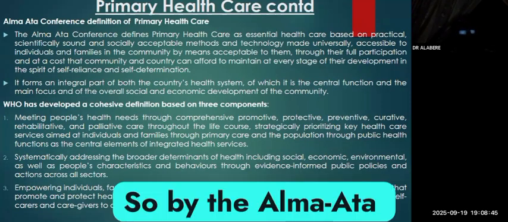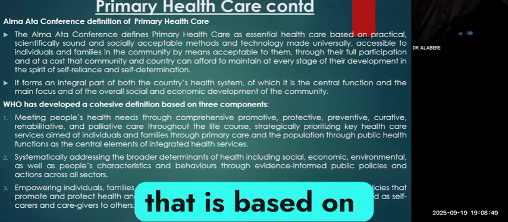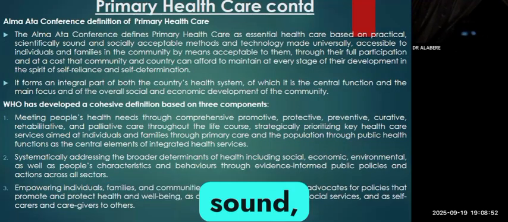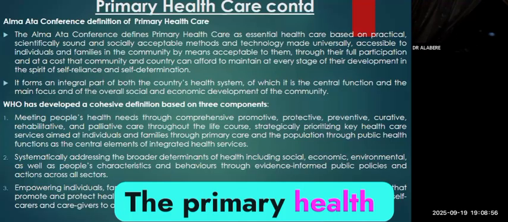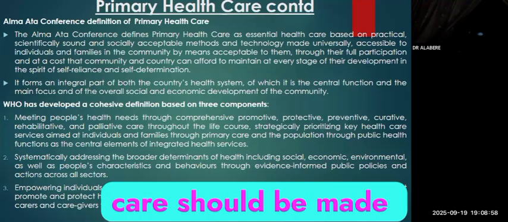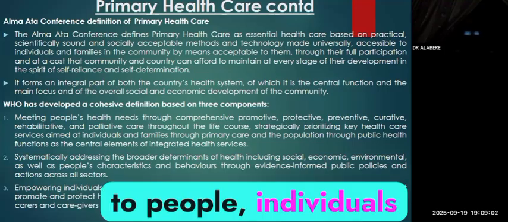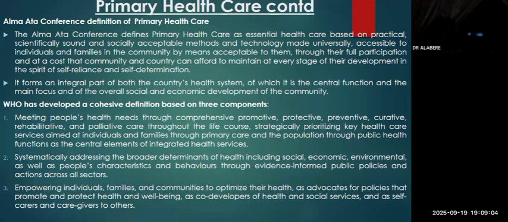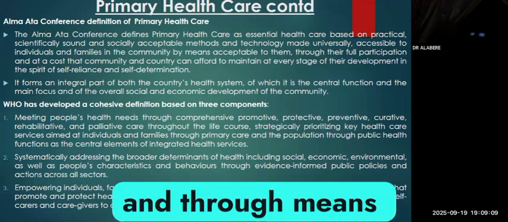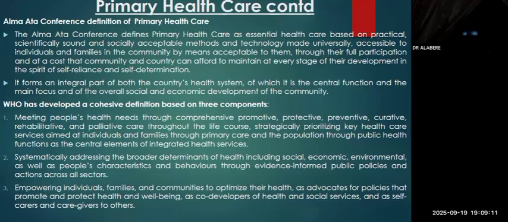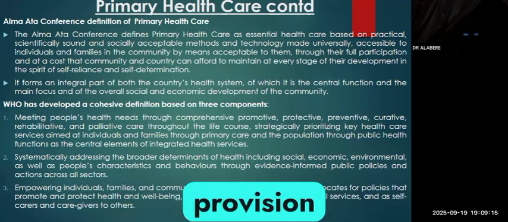So by the Alma Ata Declaration, primary care is essential health care that is based on practical, scientifically sound, and socially acceptable methods and technology. Primary care should be made universally accessible to individuals and families in the communities where they are, through means that are acceptable to them, with their full participation in the provision of this care.